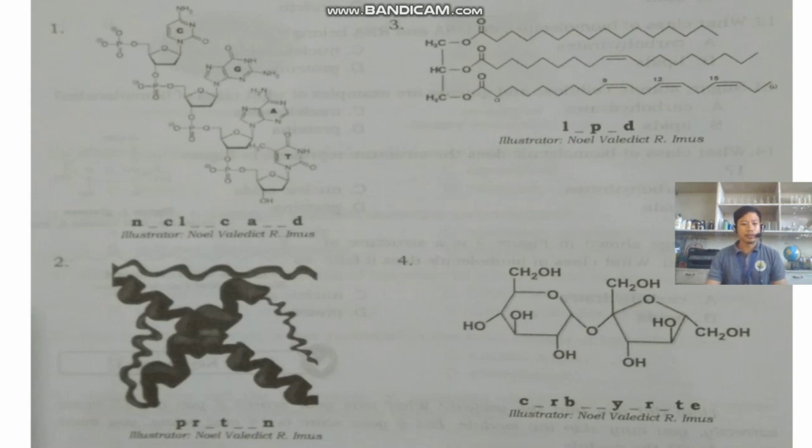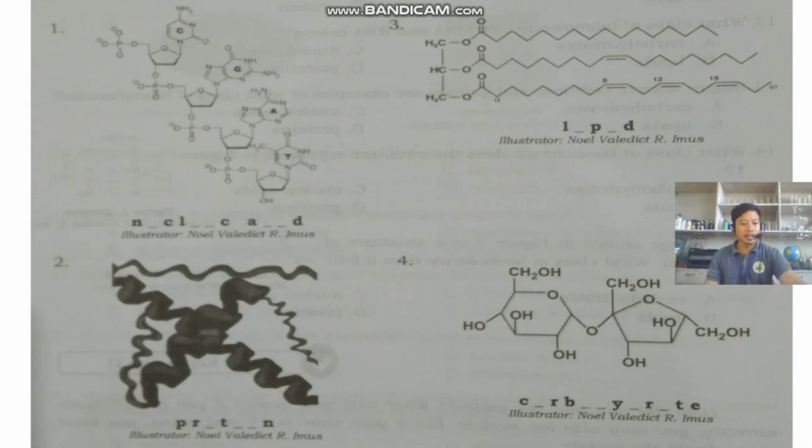Yes, very good. It is protein. How about number 3? Yes, this is lipid. How about the term in number 4? Yes, very good. This is carbohydrates.